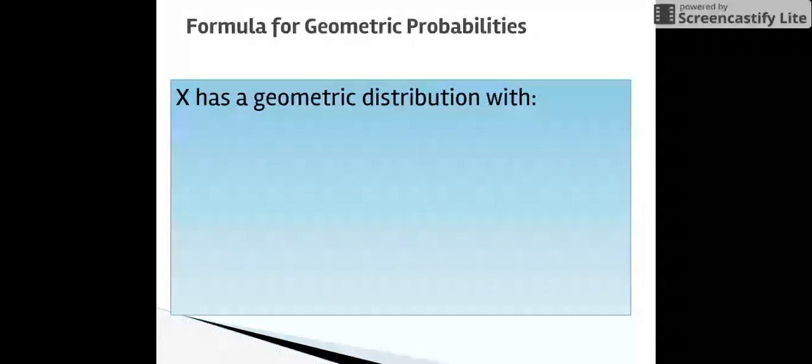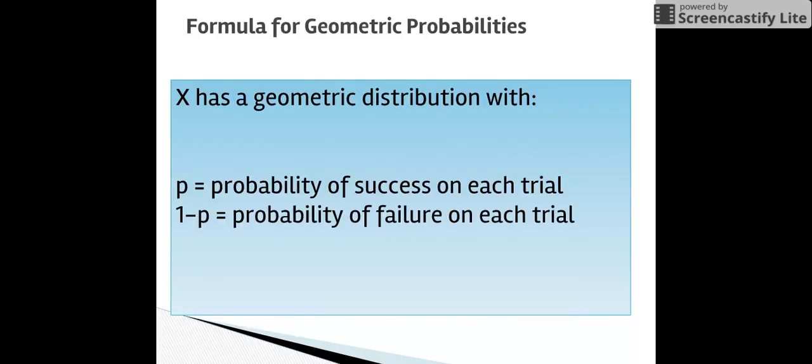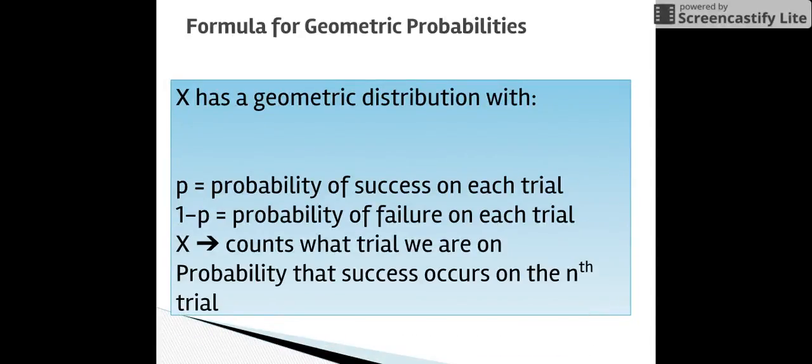If x has a geometric distribution, then we still need to know what p is, the probability of success on each trial. 1 minus p means the probability of failure. X is what we're counting, the trial we are on: the probability that success occurs on the nth trial. So once again, that formula looks like this. Remember, n is the trial we want to have success for the first time on, and p is the probability of succeeding.